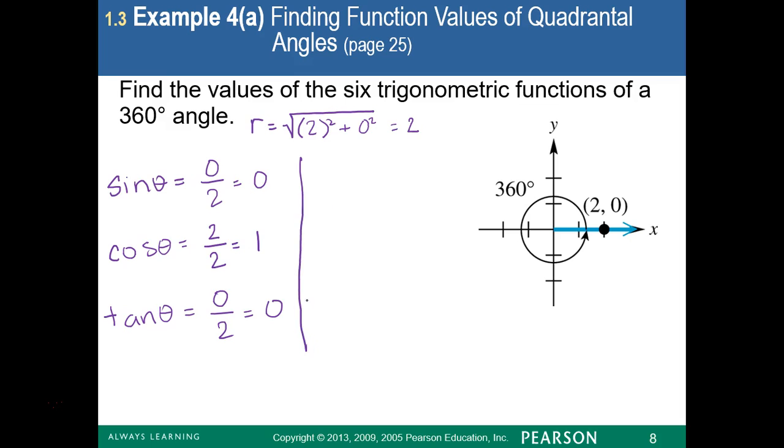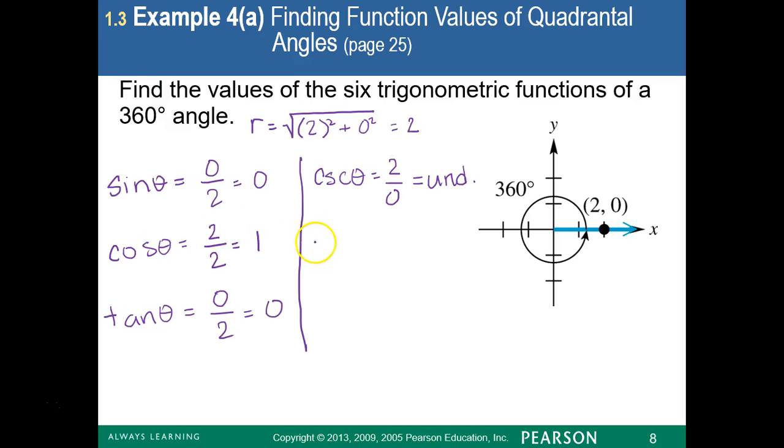Now let's look at the other three by taking the inverse of all these other three values we found. So cosecant of theta is equal to the inverse of this. So flip it over, you get 2 over 0, which is undefined. I'm going to just abbreviate it as UND, undefined.